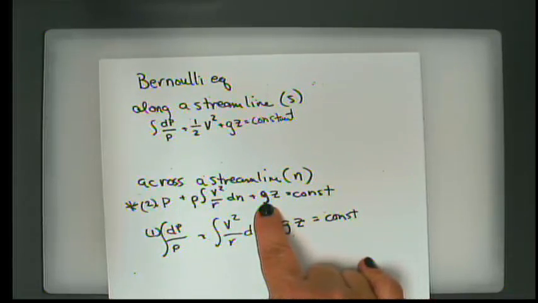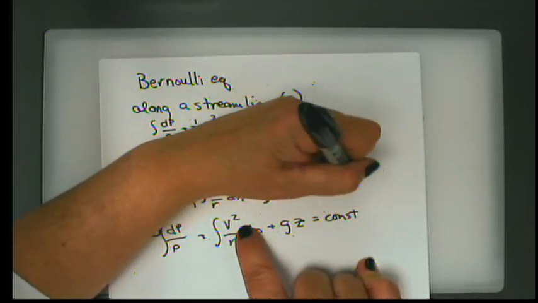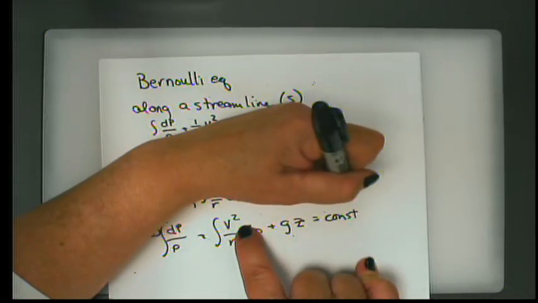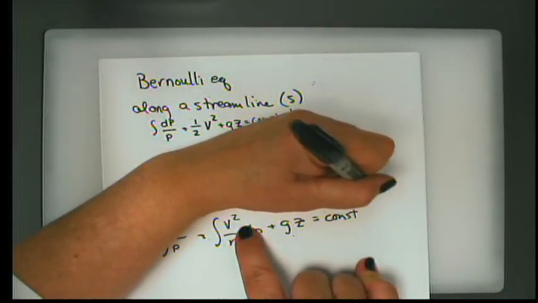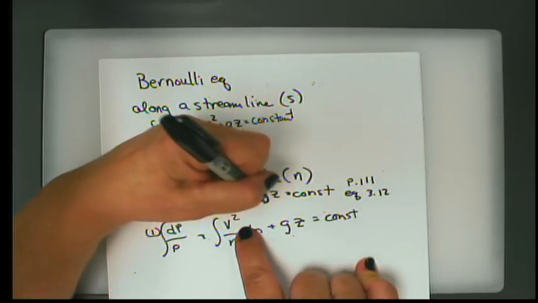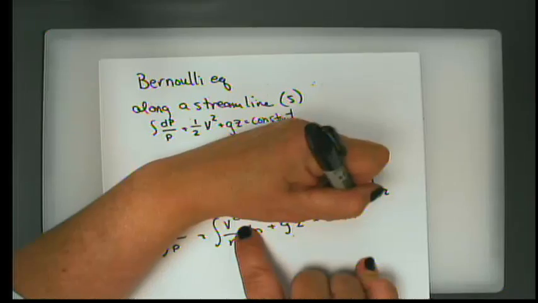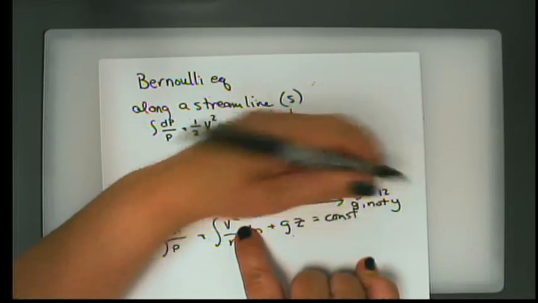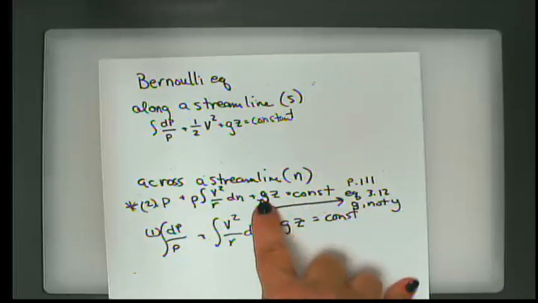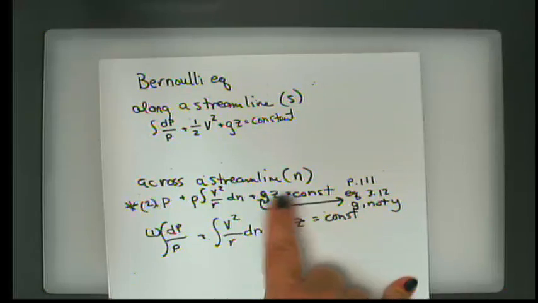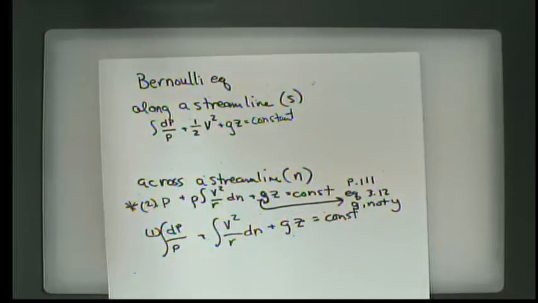So I want to make this note. That's on page 111 of your textbook, equation 3.12. This should be g, not y. So it's just the gravitational constant, 32.2 feet per second squared, or 9.8 meters per second squared.